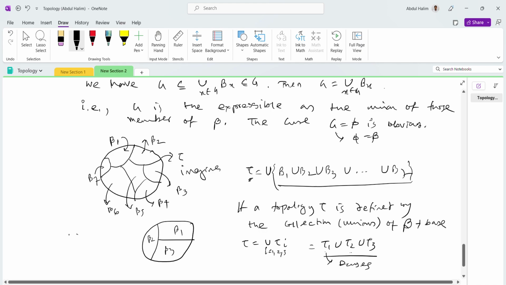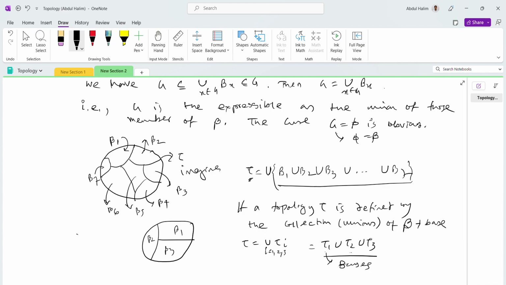What is the question? It tells us that a topology can be defined by many bases, but the union of the collections of the base gives the smallest topology. It ensures that only the collections of bases give the smallest topology.